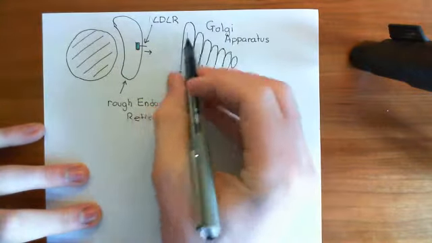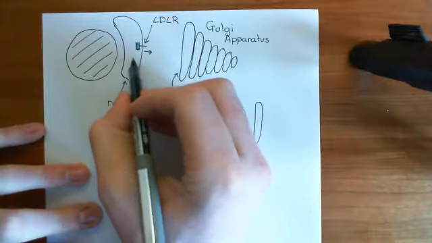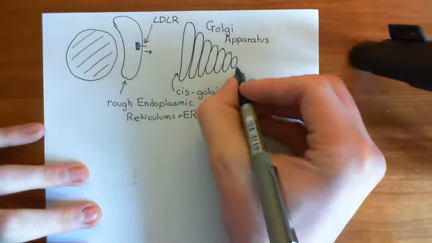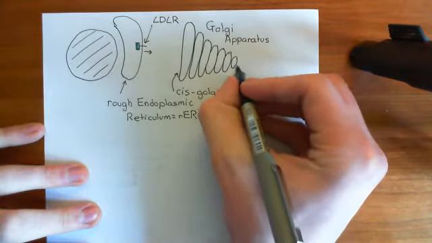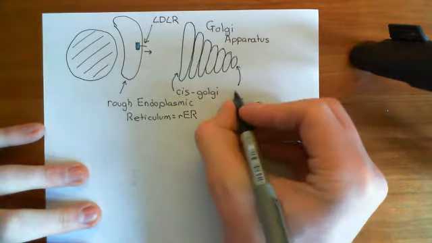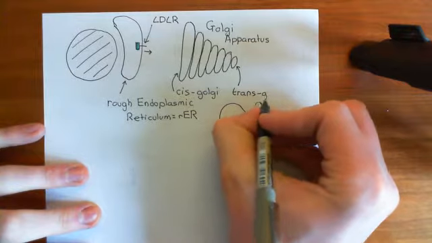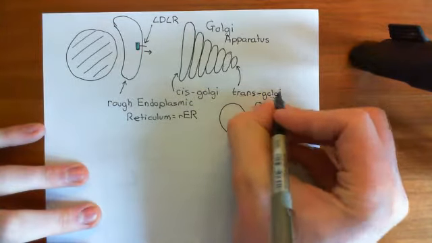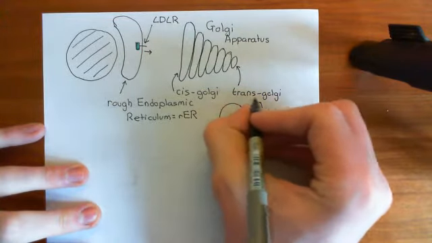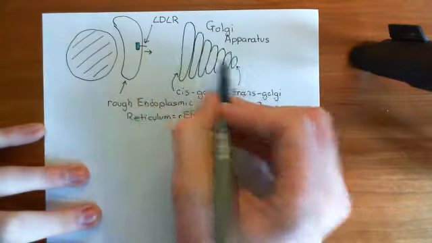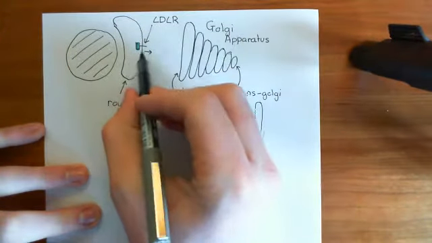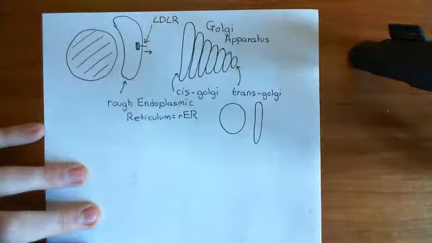So this is the side of the Golgi which is on the same side as the rough endoplasmic reticulum. Whereas this other side of the Golgi, which is closer to the plasma membrane, is known as the trans Golgi. Trans means on the opposite side, so this is on the opposite side of the Golgi to the side which faces the rough endoplasmic reticulum.